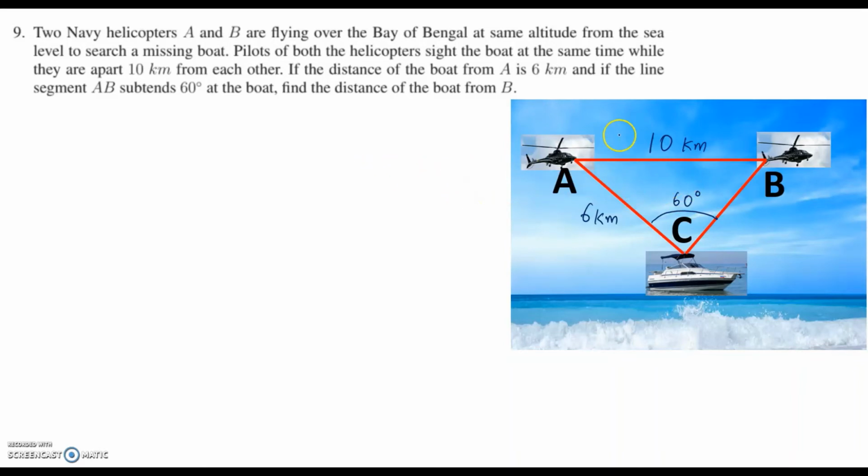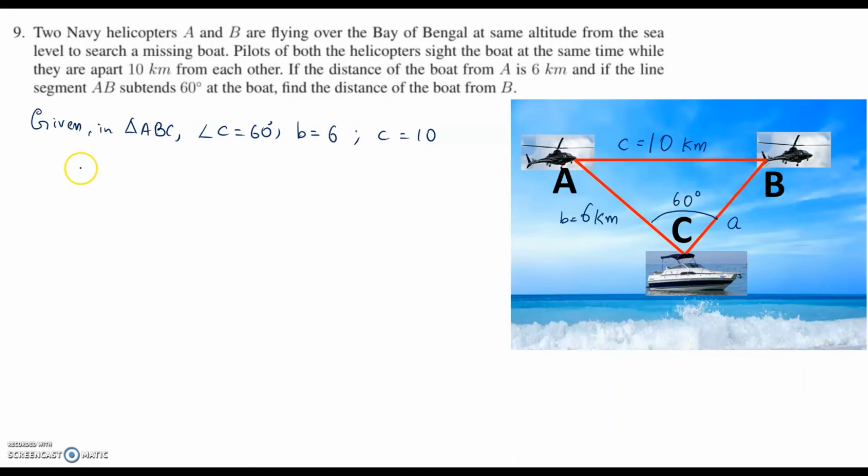So let's call this small c and this small b, and this small a is what we need to find at this point. So given in triangle ABC, angle C is equal to 60 degrees, small b is equal to 6, and small c is equal to 10.